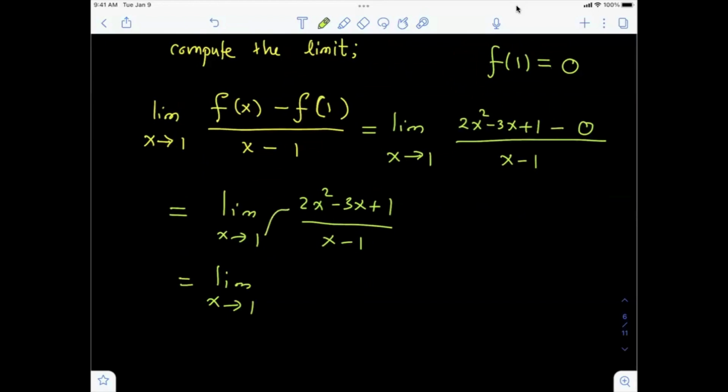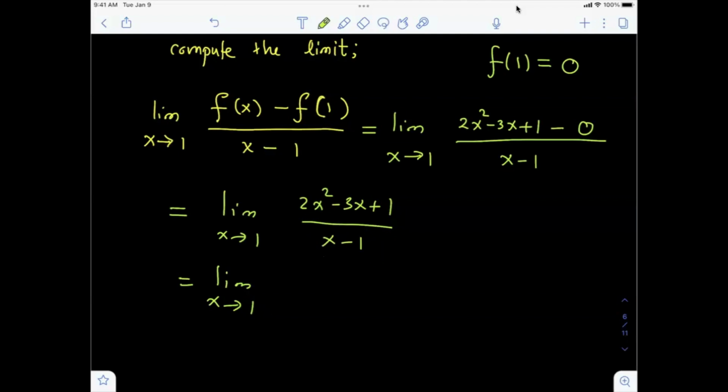When you plug in x equals 1 in this expression, and when you see it's going to be 0, that simply means it has this hidden factor, which is x minus 1, which is known to be the bad factor when x goes to 1, right? When x goes to 1, x minus 1 is going to be the bad factor, taking both the numerator and the denominator to 0.